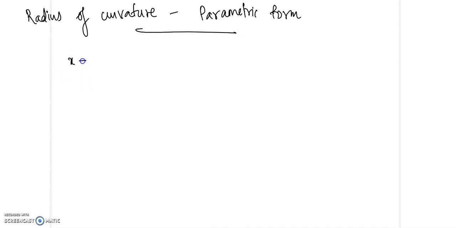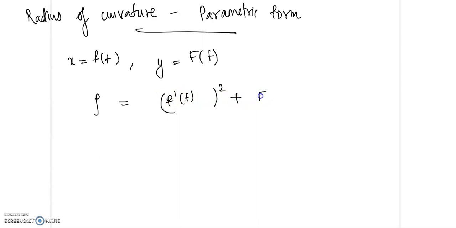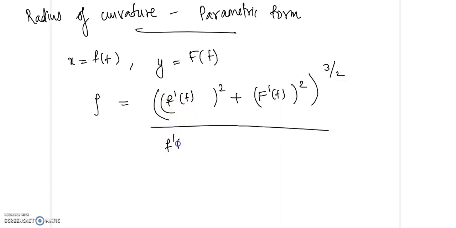So if x is equal to small f of t and y is equal to capital F of t, we will get rho equal to f dash of t whole square plus capital F dash of t whole square whole power 3 by 2 by f dash of t into capital F double dash of t minus capital F dash of t into f double dash of t.